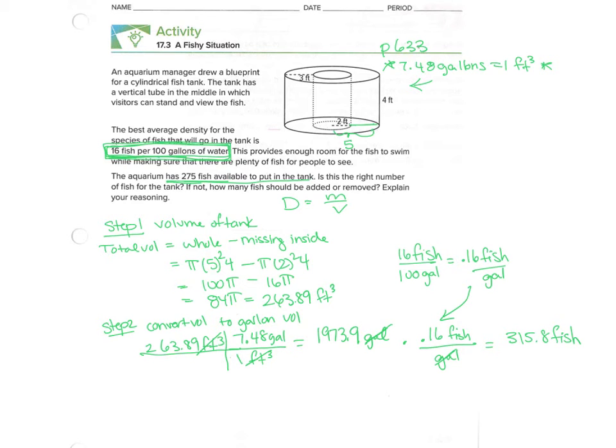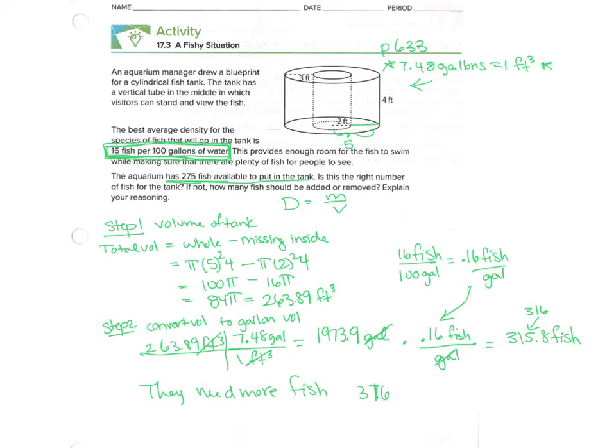So it looks like they need more fish, because up above they say they have 275 available. If they can fit a total of 315, which, really, you can't have 0.8 of a fish, you either need to go with 316 fish or 315 fish. I'm going to round up here, but I could completely see where you would think about rounding down to the nearest whole fish.